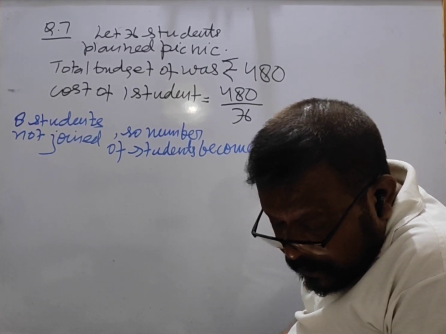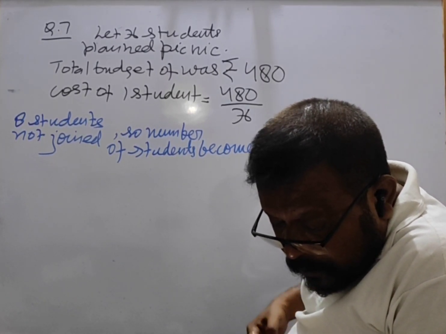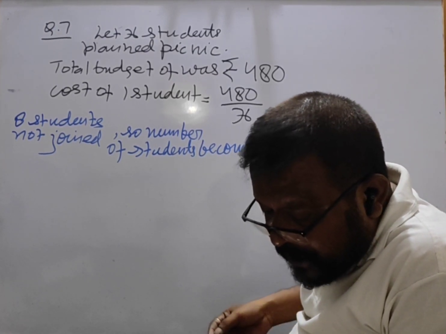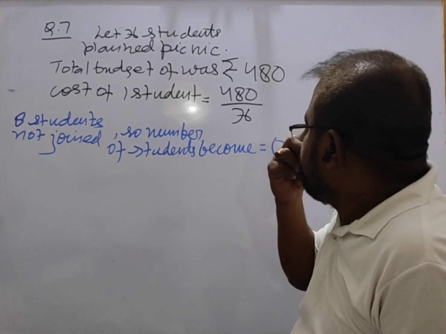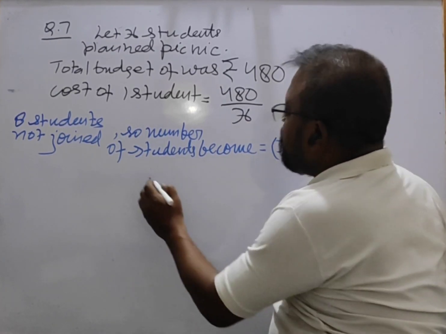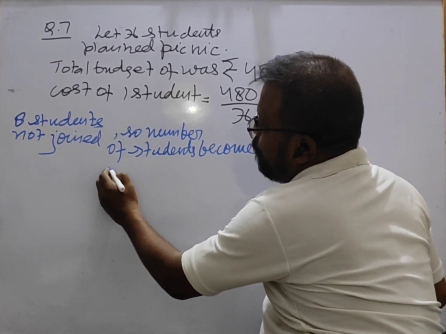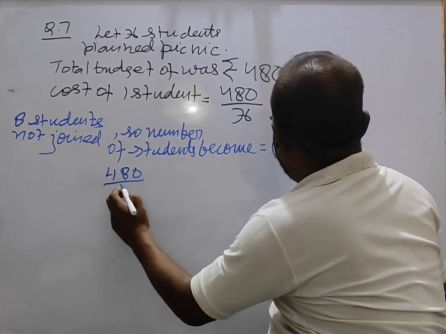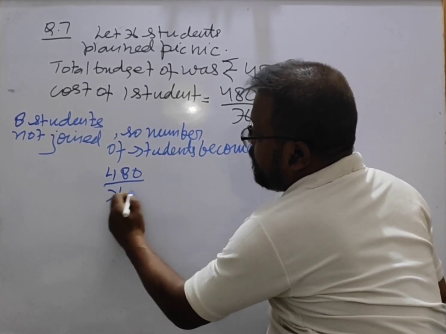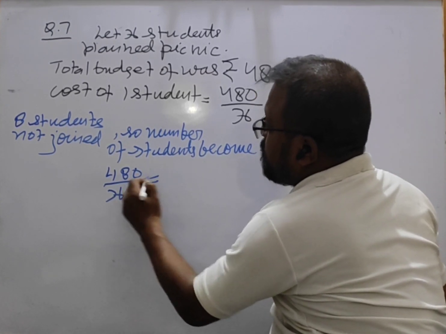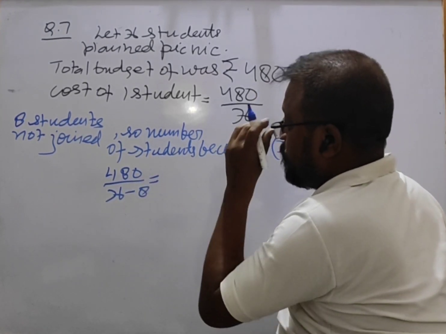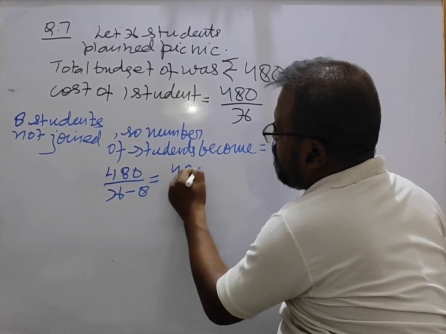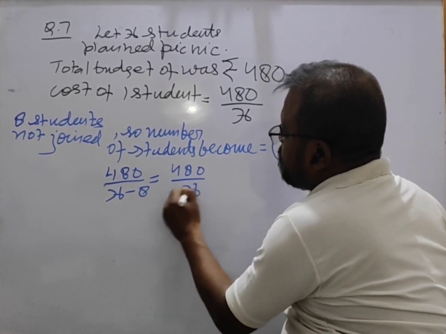and the cost of food of each member increased by 10. Okay, so it means 480 upon x minus 8 is equal to 480 upon x plus 10.